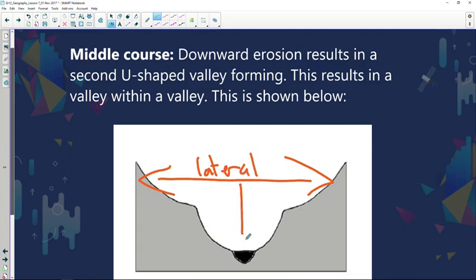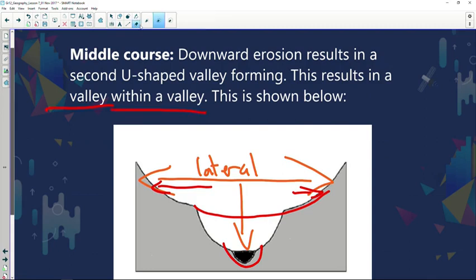And we still got downwards erosion. But what happens with rejuvenation? Now, this was the river before rejuvenation. After rejuvenation, when the water level increases, there's going to be more lateral erosion, and it cuts even deeper. And what's been created? A valley within a valley.